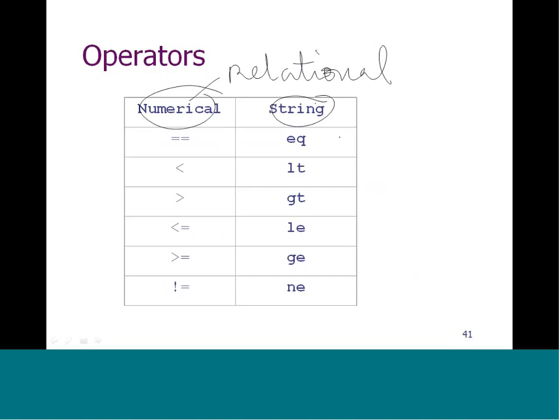So equal to is straightforward. For EQ, it compares whether two strings are equal. This one is for whether two numbers are equal. When I say number, it can also be a variable. So you can say $x == 1, which compares whether x has a value of 1.